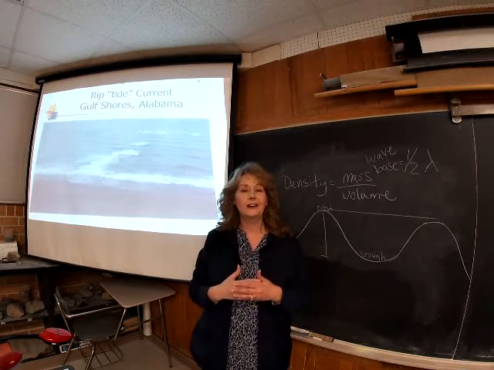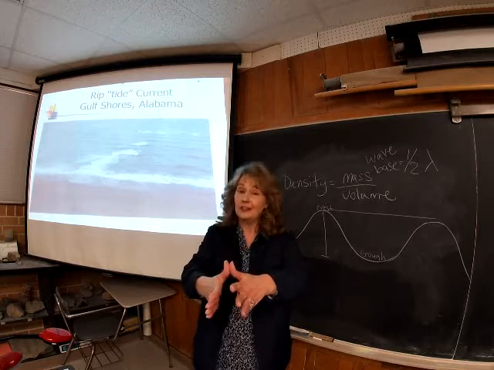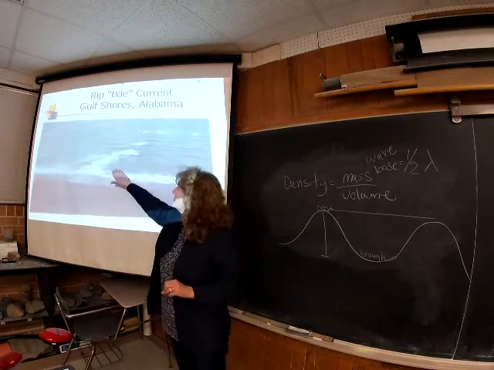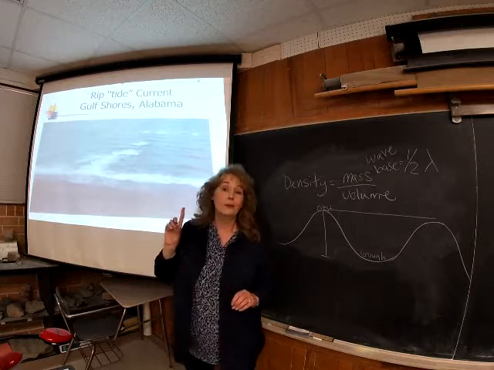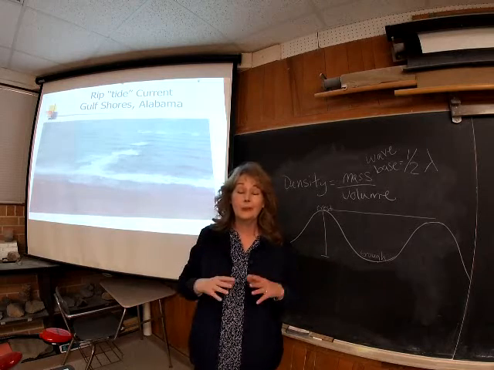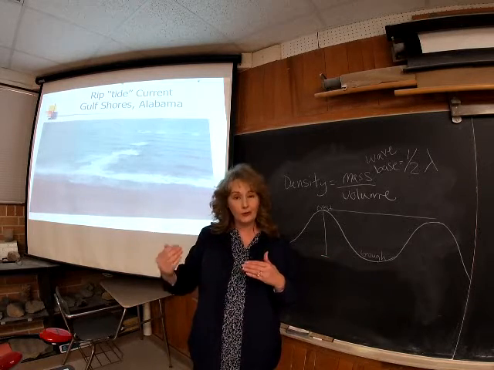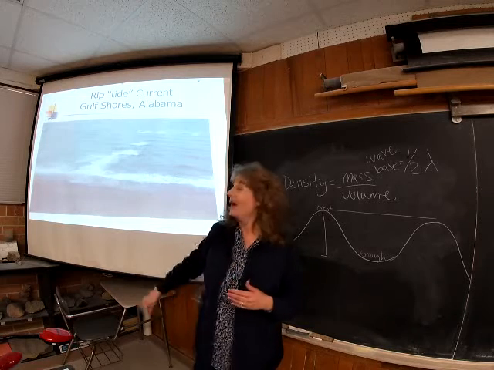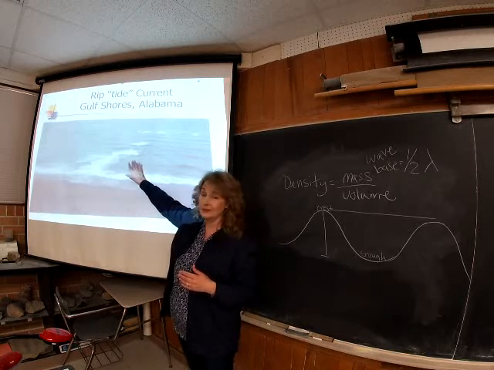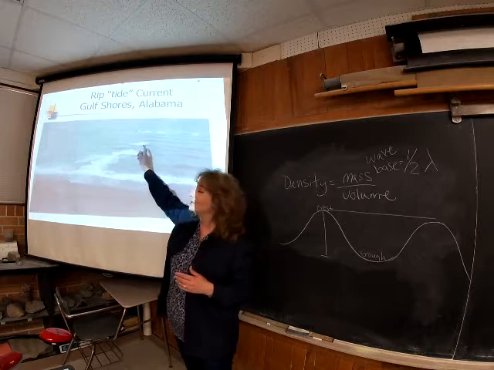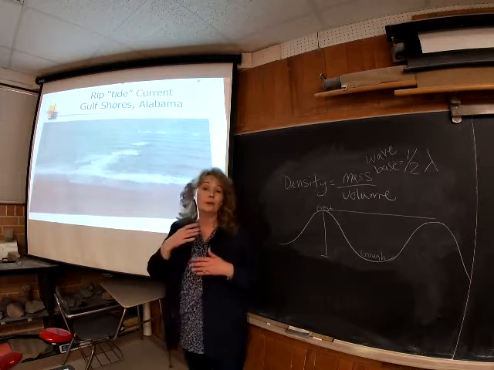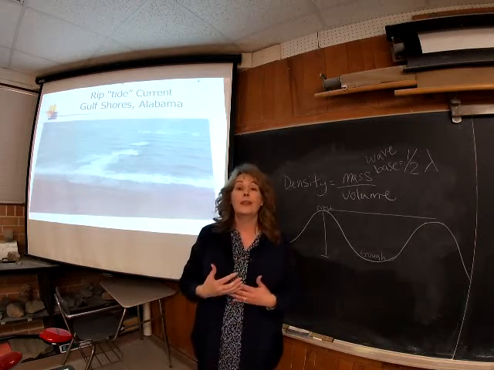So converging longshore currents can actually pull you out into the water, and no human, not even our Olympic swimmers, are strong enough to swim against a rip current. Okay, so you're certainly not going to be able to swim back to shore in that current.